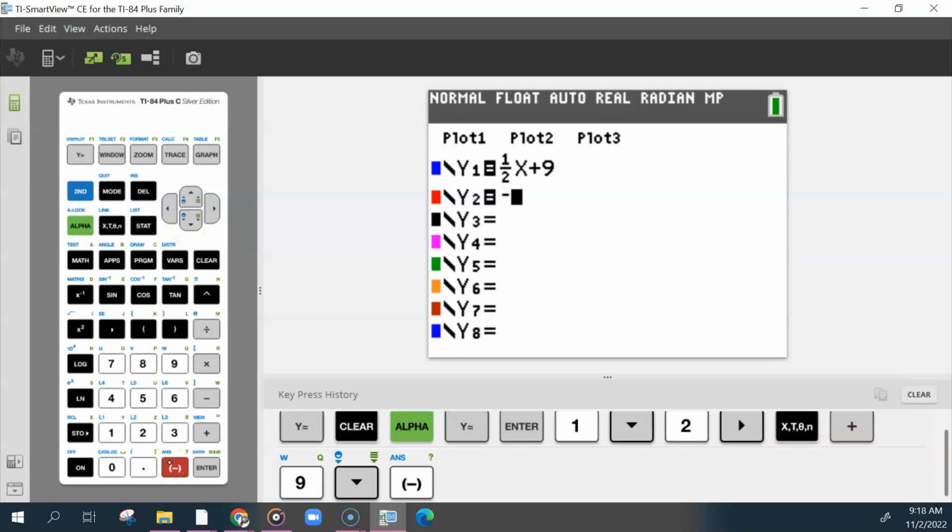Make sure you're using the negative button, not the minus. Alpha y equals gives you your fraction. You can press this button for x. And then make sure you're using the negative sign at the bottom. 2. From the front, from this page.